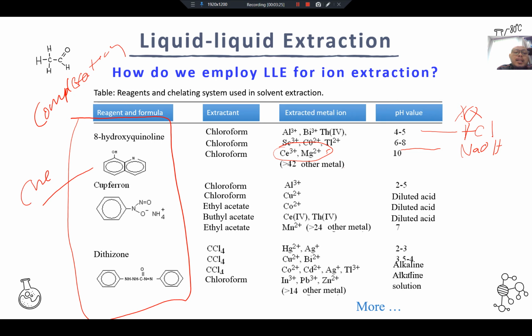So here is the chelating agent. You prepare this, and for example you want to extract Mg2+, so you prepare hydroxyquinoline in sodium hydroxide solution, and then you extract this particular metal using chloroform. So that's how we did.